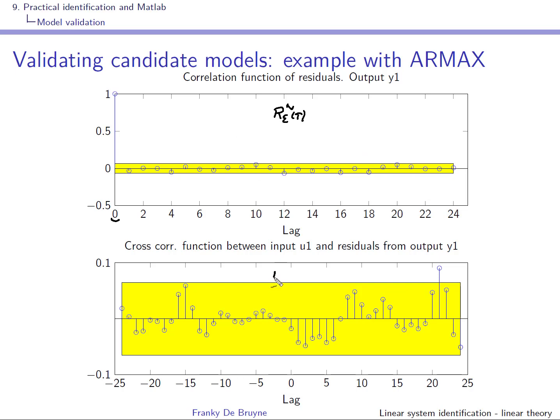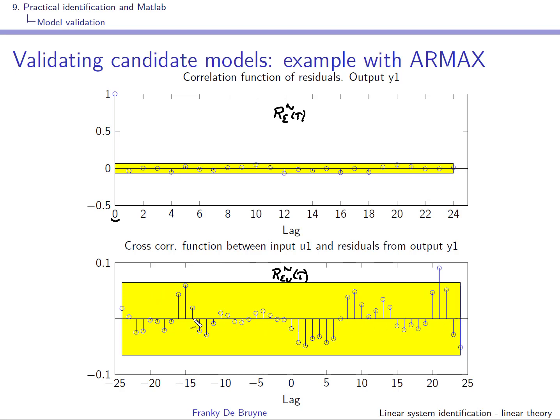And what you have over here is R epsilon U n of tau, and you can see that here also for all lags except this one over here, you stay in the confidence interval, so with a reasonable probability you can say here that G is validated. What you will have in reality is cross correlation functions, correlograms, that do not look as nice as this one.